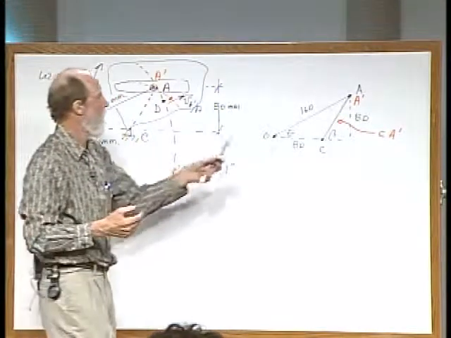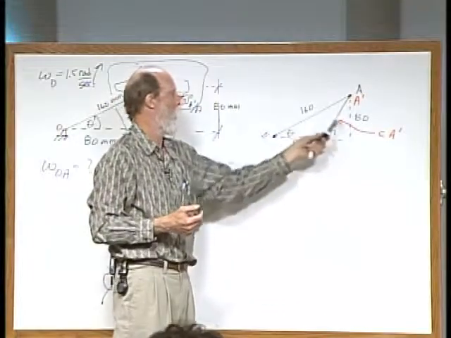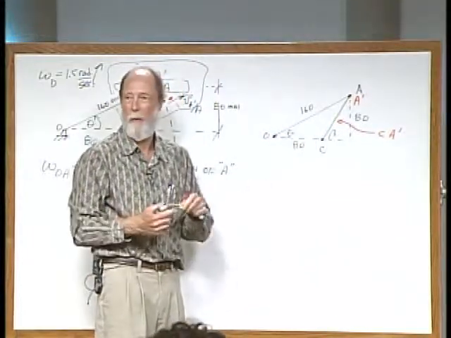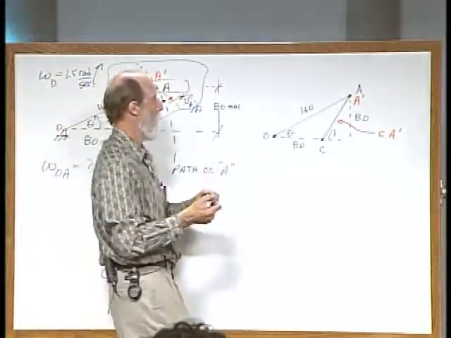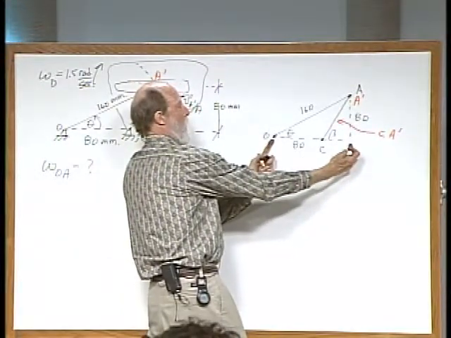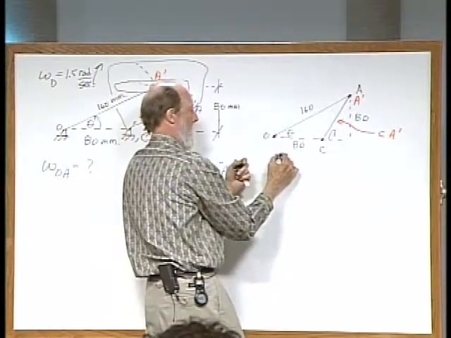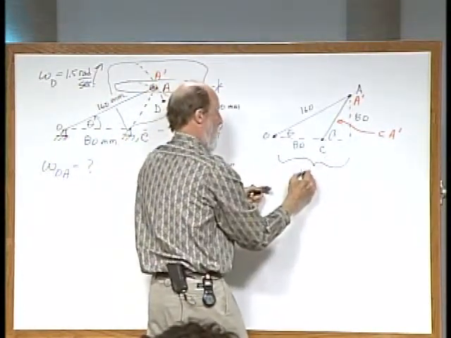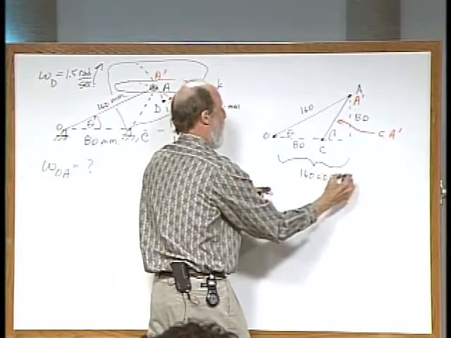So let's just write up some geometry relationships. There might be different ways of doing it here. I'm saying that this horizontal distance right here is equal to 160 cosine of theta.